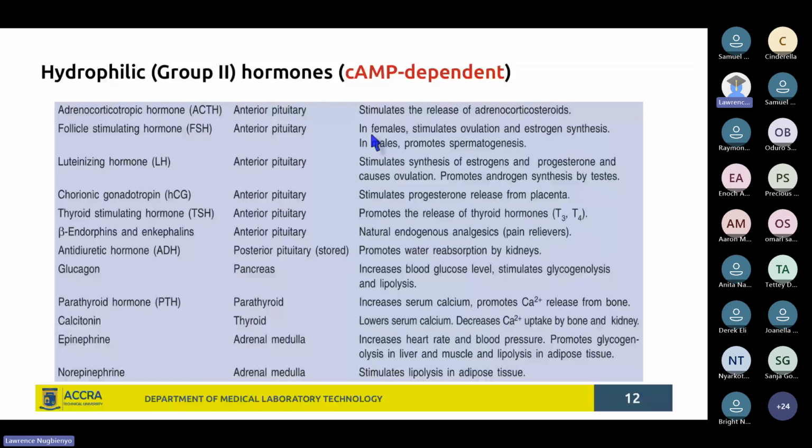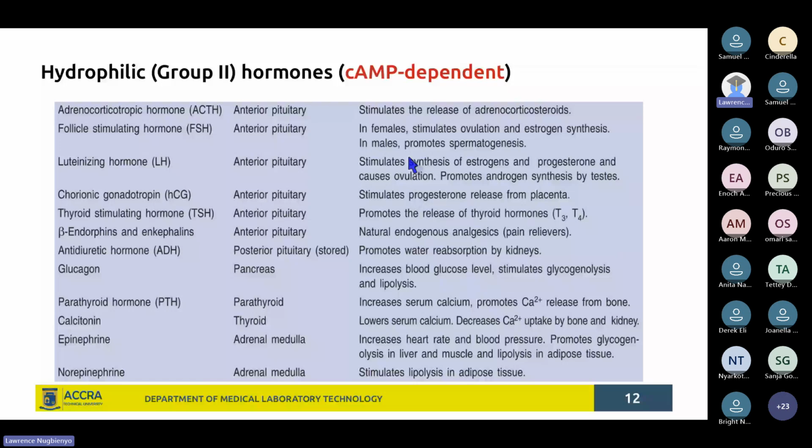You have the follicle stimulating hormone. In females, it stimulates ovulation and estrogen synthesis. In males, it promotes spermatogenesis. Luteinizing hormone stimulates synthesis of estrogens and progesterone, and is also responsible for ovulation in females.